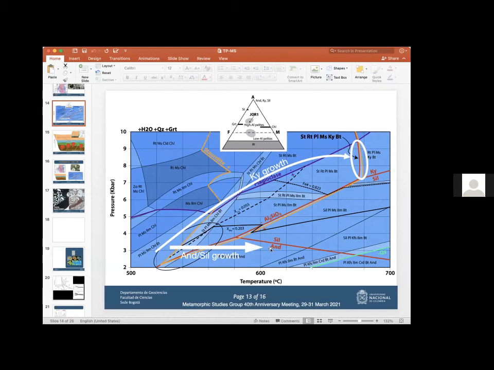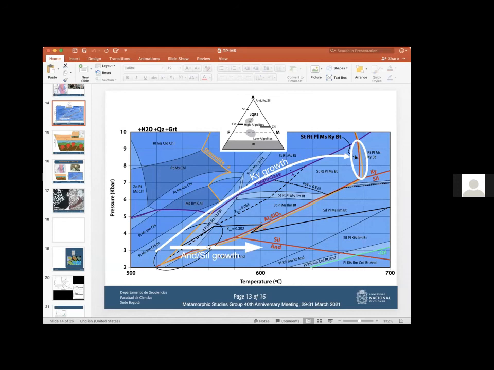We have a prismatic sillimanite in some samples, and that probably grew at higher pressures. But the one that we have in this sample and in other samples is fibrolitic, showing replacement of andalusite and kyanite, besides the growth of this fibrolite around garnet crystals.